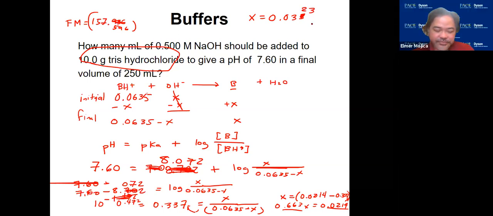So what does it tell us? It tells us that's the x value that we have, so you have 0.0323 moles.